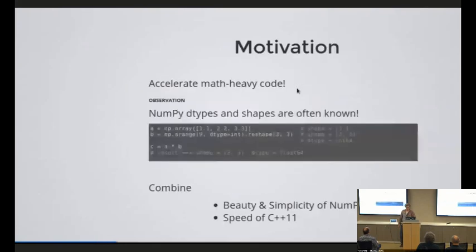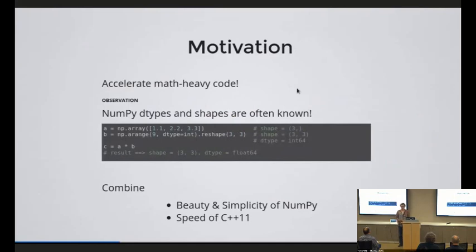One of the big motivations for JET was that it was done at a robotics company with a colleague, and we wanted to accelerate math-heavy code because we had numerical simulations of physical quadrotors. We observed that when we have NumPy code, oftentimes the data types and the shapes are known.